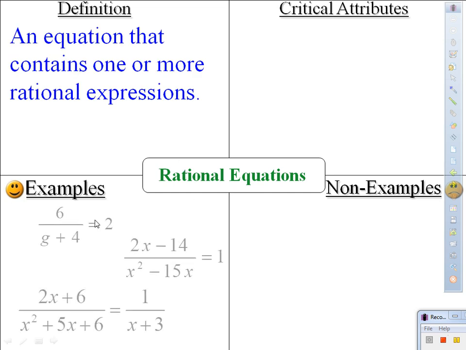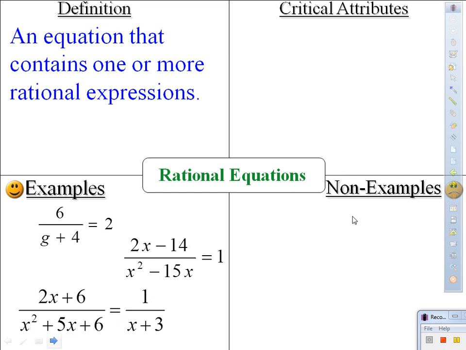Examples: 6 over g plus 4 equals 2. 2x minus 14 over x squared minus 15x equals 1. 2x plus 6 over x squared plus 5x plus 6 equals 1 over x plus 3.